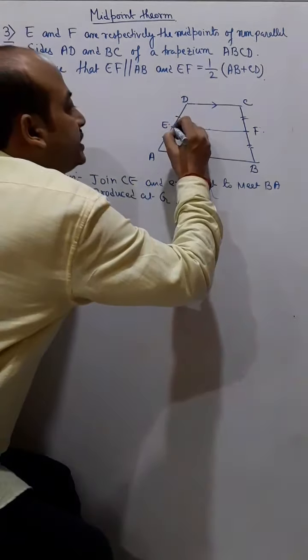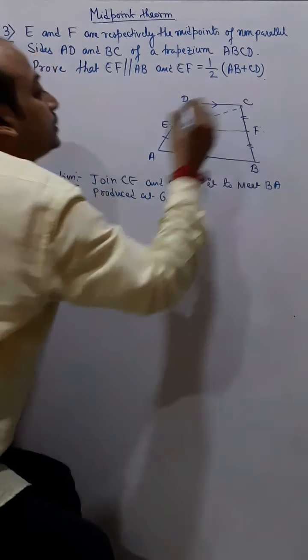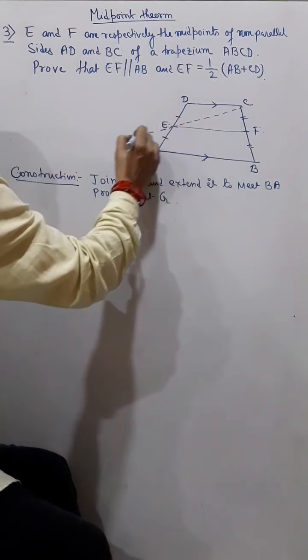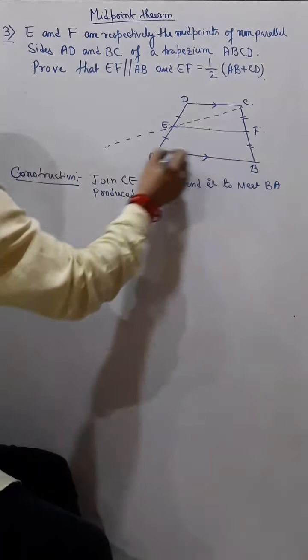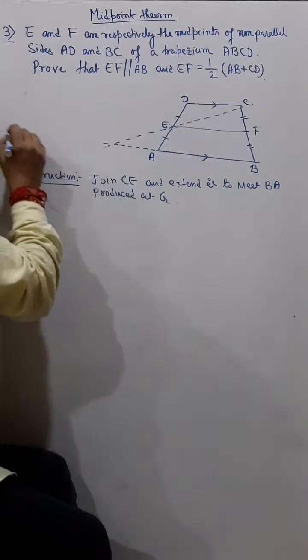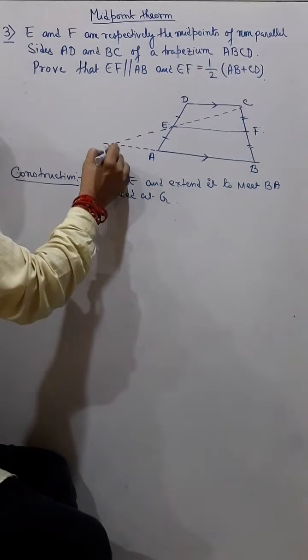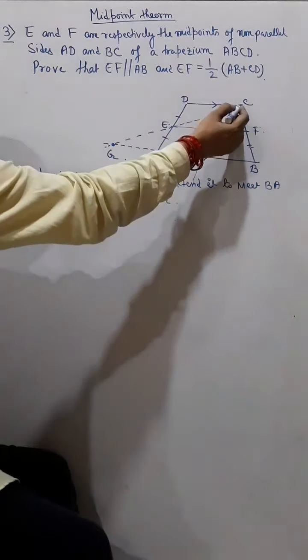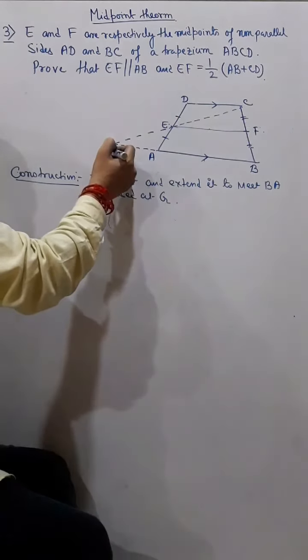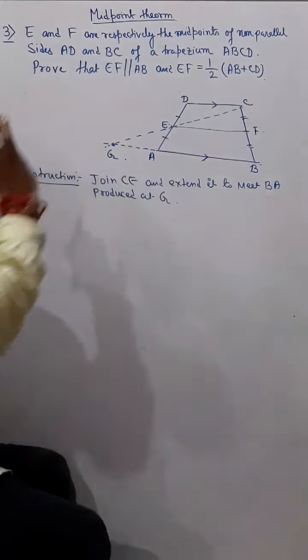So we will join CE and extend it to meet BA produced at G. So understand? So extend CE to meet BA produced at G.